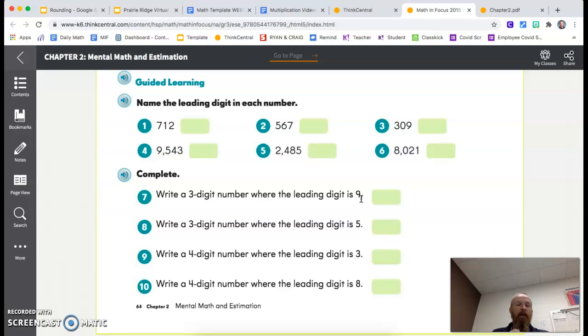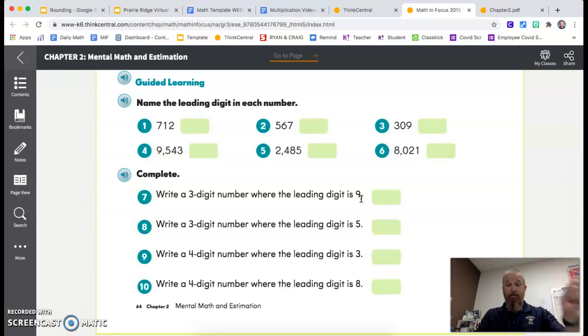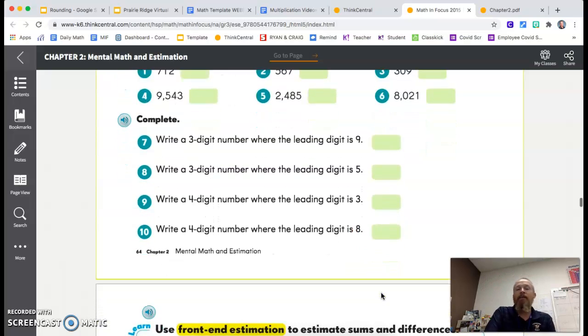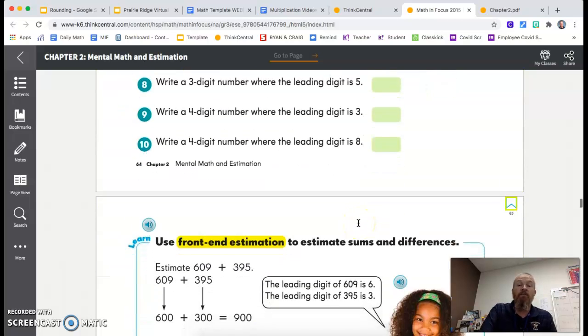Same with any 3-digit number that is going to start with a 5, like 542. Now a 4-digit number in the thousands that starts with a 3, like 3,891. And a 4-digit number where the leading digit is 8, like 8,765. Anything that starts with an 8 and is a 4-digit number.